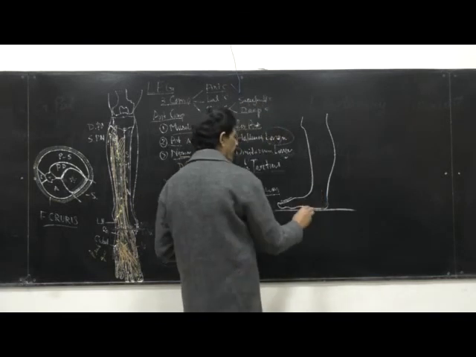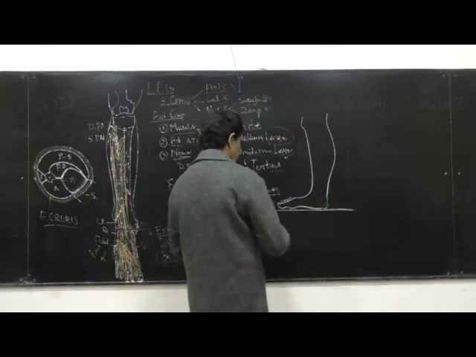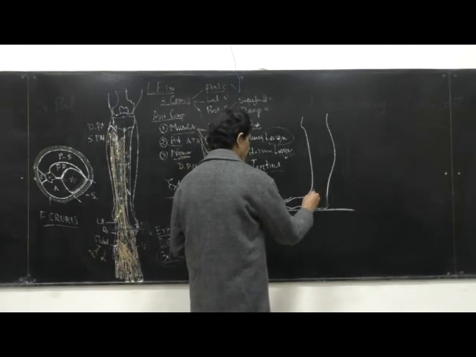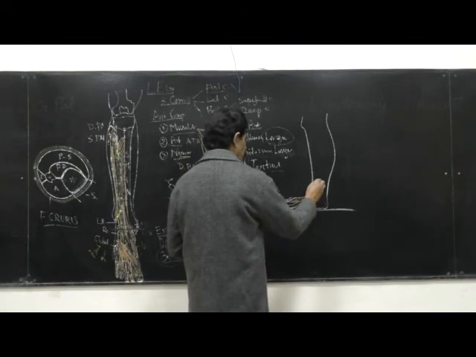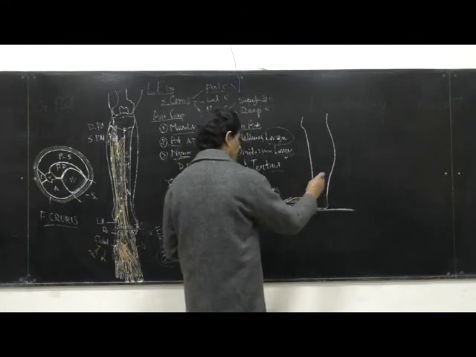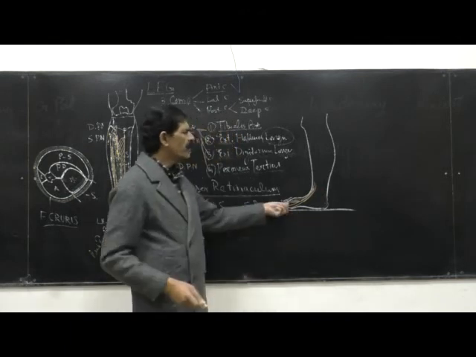So this is the bend. So all the muscles, that is tibialis anterior, extensor digitorum longus, extensor hallucis longus, and peroneus tertius, are coming from the anterior compartment and marching towards the insertion on the dorsum of the foot.